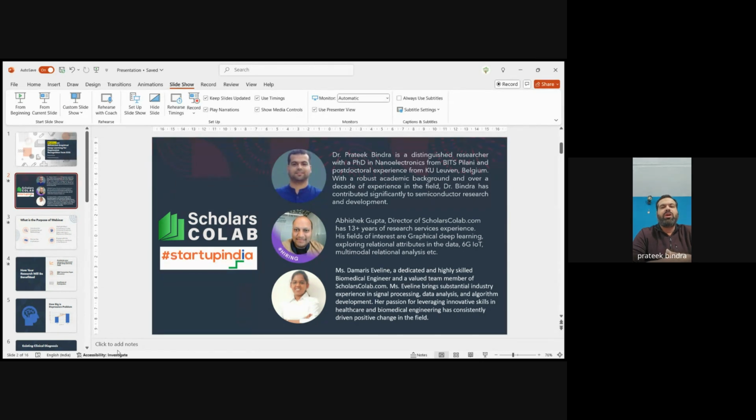We will see how EEG signals can be used with graphical deep learning to better detect depression in any human. You will see one particular IEEE Transactions paper, and we will see how the people actually did this research.